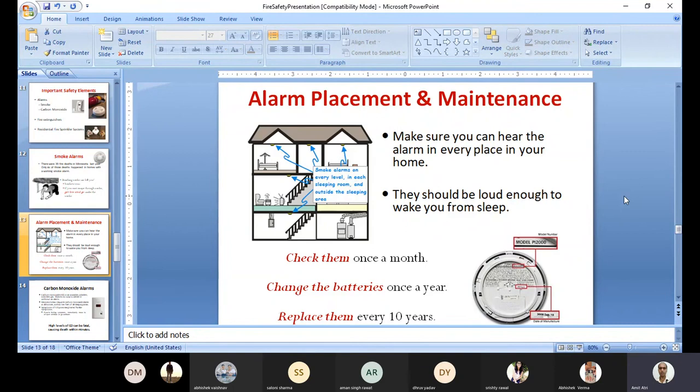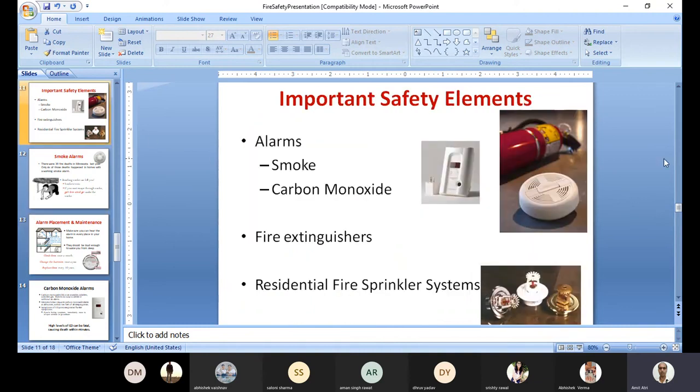In every room, at regular distance, the fire alarm should be placed, and there should be regular checkups and quality checks of this alarm, and basically of the whole firefighting system, which we just discussed here. All of these firefighting equipment should be regularly checked.